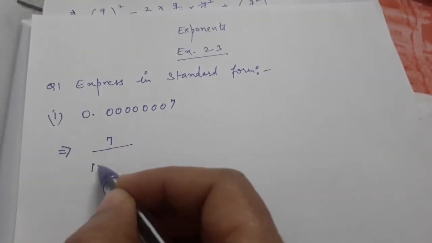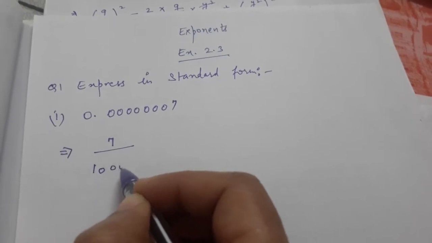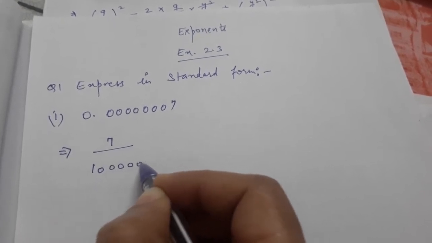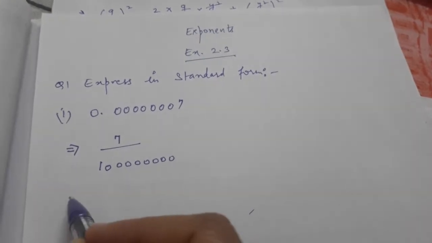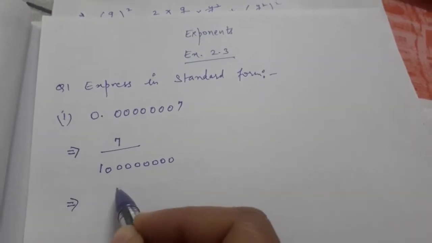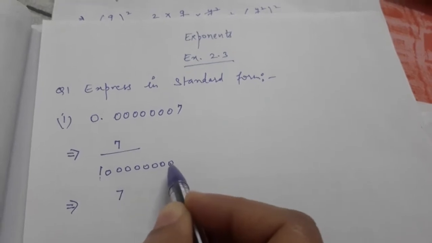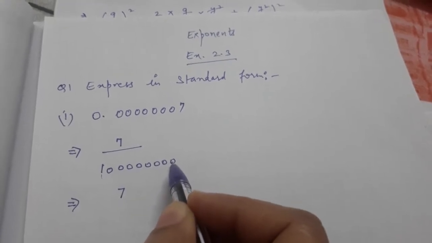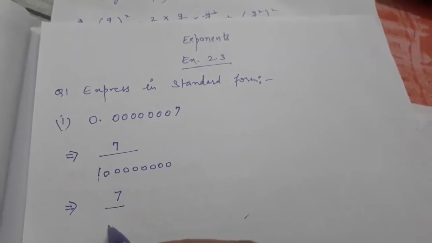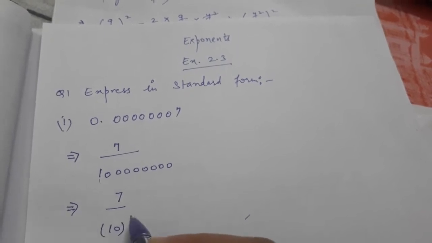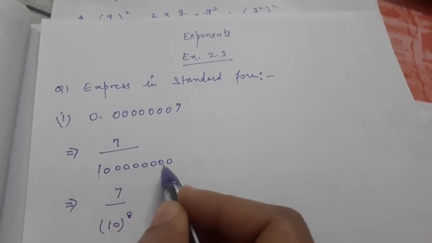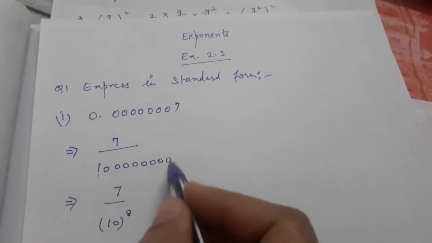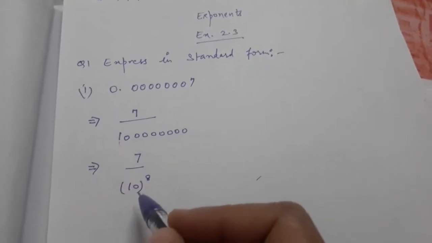So 7 by 1 followed by 8 zeros. In our next step we will change this 8 zeros as 7 by 10 raised to the power 8. Why? Because 8 zeros are given to us, so this can be written as 10 raised to the power 8.